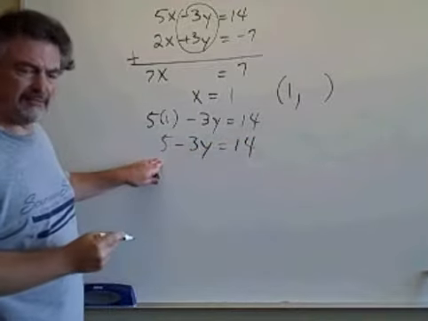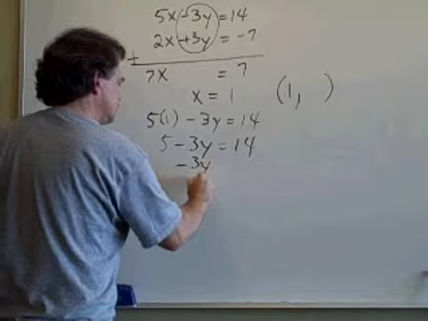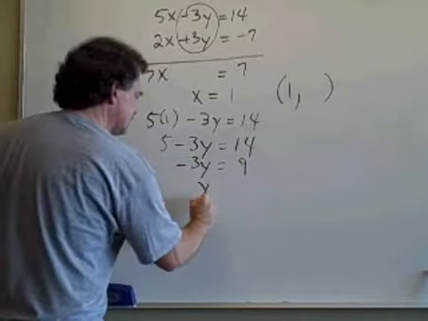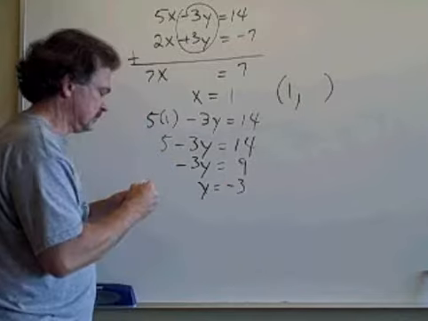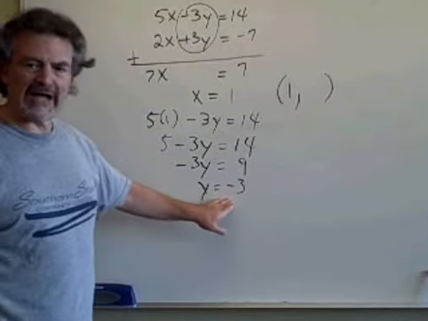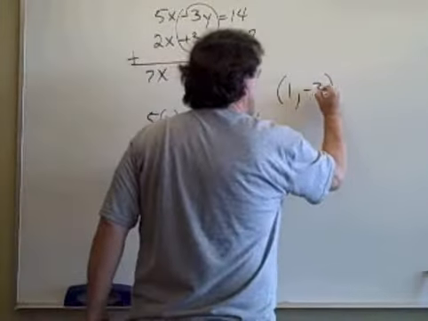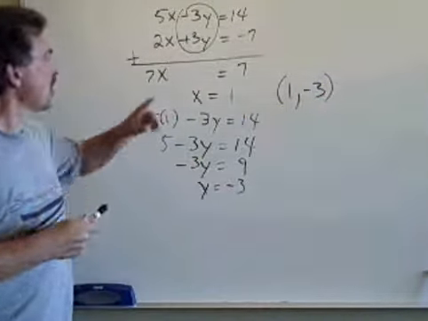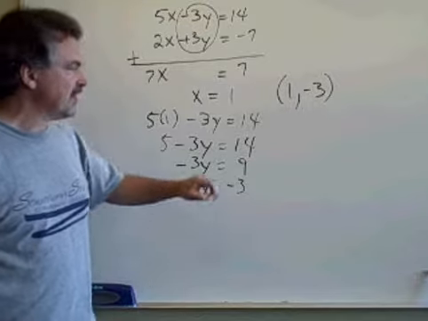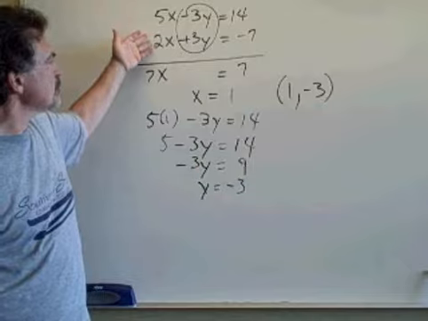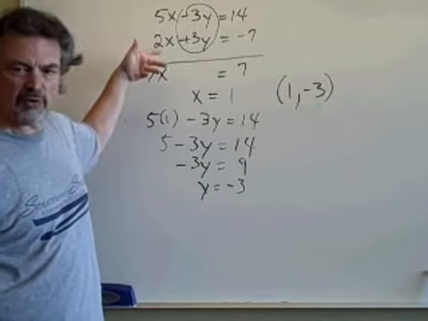I'll subtract 5 from both sides, divide both sides by -3, and I've now found the y value of the ordered pair that solves both equations. This ordered pair, 1, -3, is the solution to this system of equations.